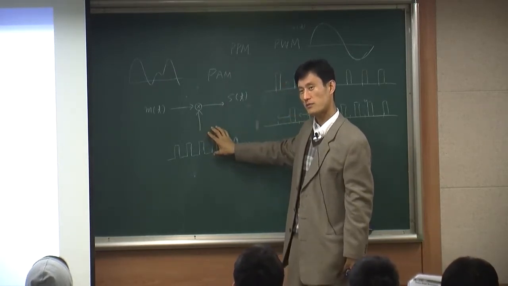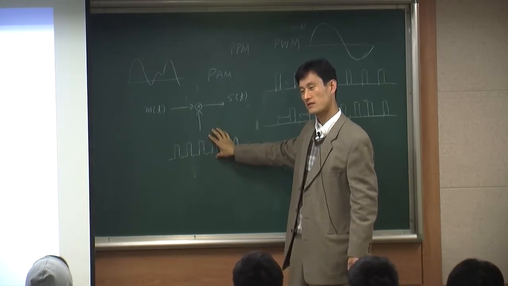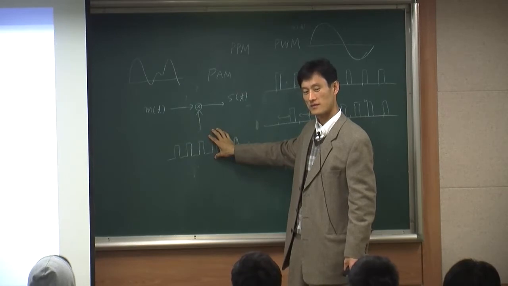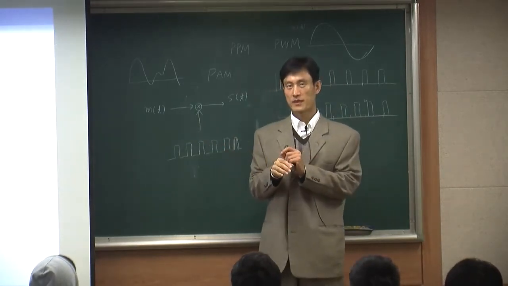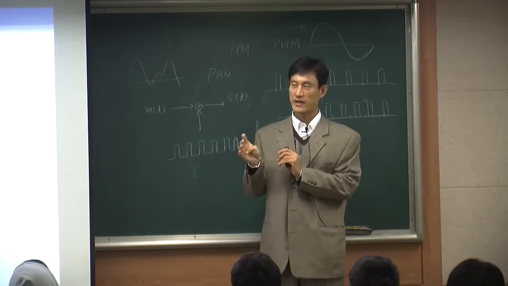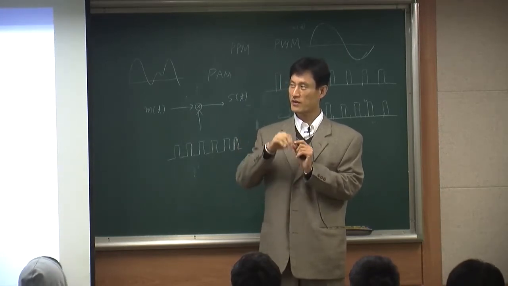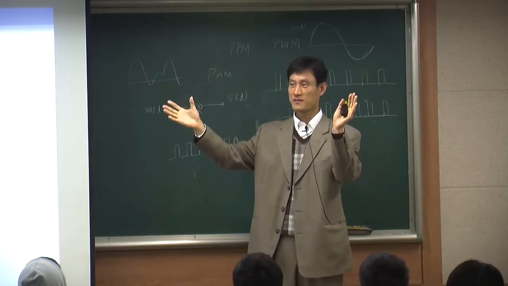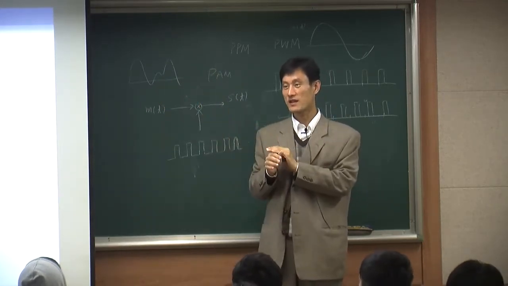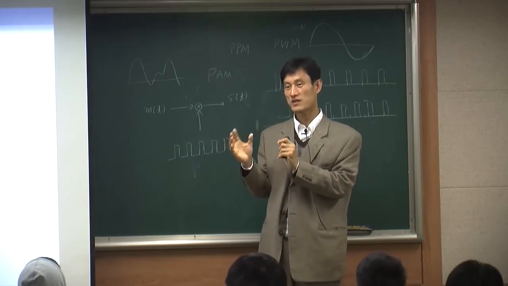Why do we use a pulse train in this case? In what scenario? Okay. Simply speaking, if you use analog modulation, like AM, FM, those things, we're gonna send the signal over the air. In the air, sinusoidal carrier is the best carrier, the most efficient carrier.